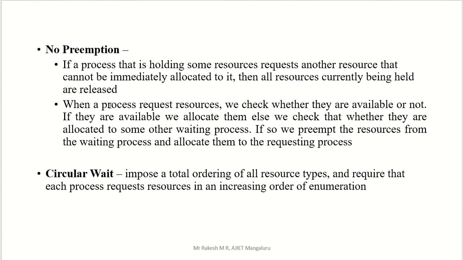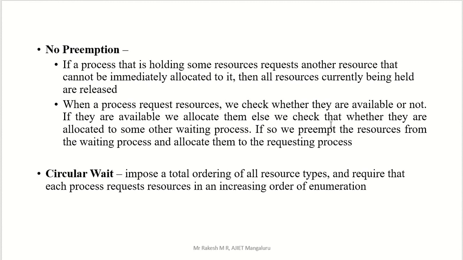When a process requests a resource, we check whether they are available or not. When a process is requesting a resource, say P1 is requesting R1, at that time we have to check whether R1 is available or not. If R1 is available, we allocate it.